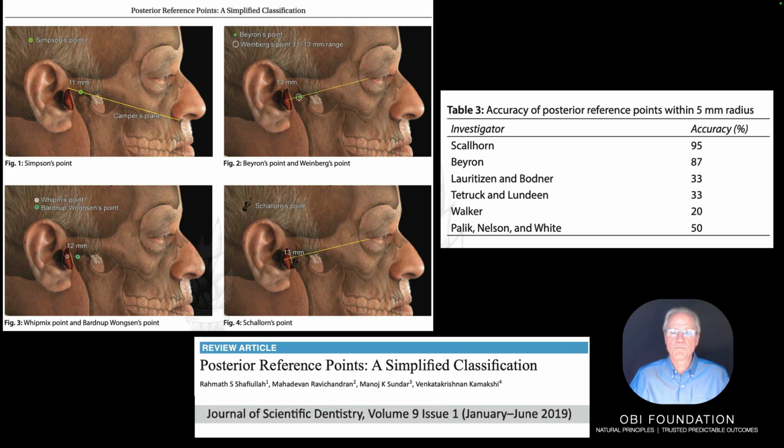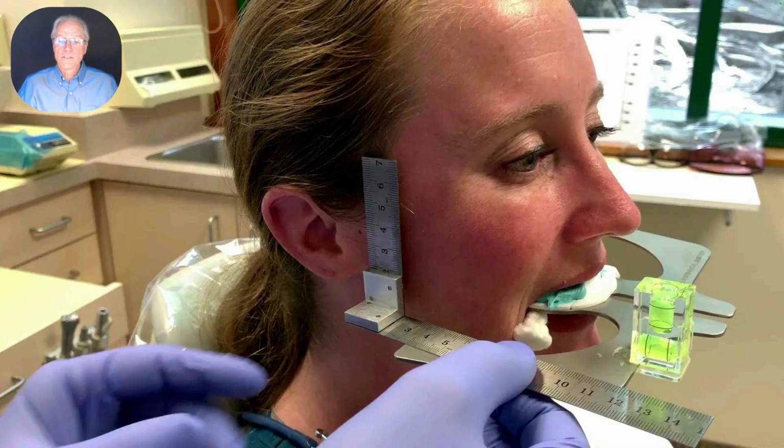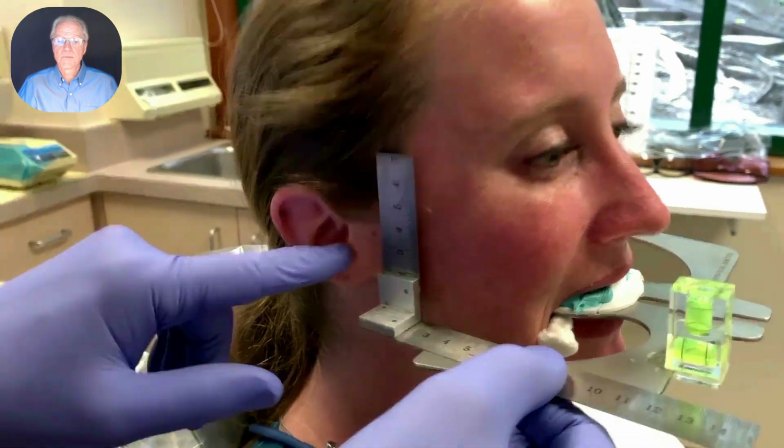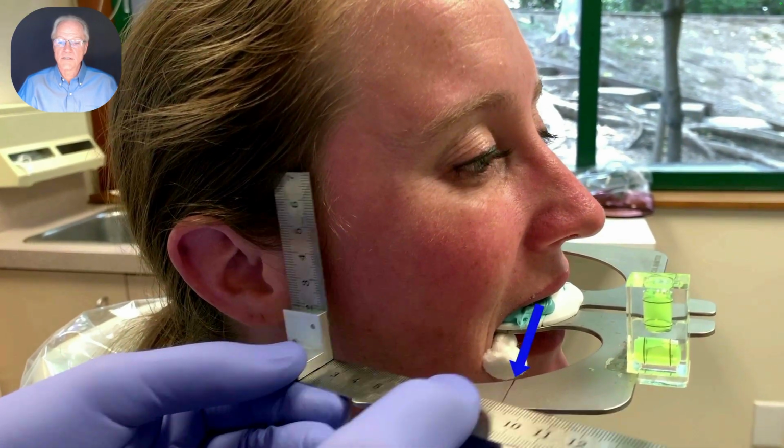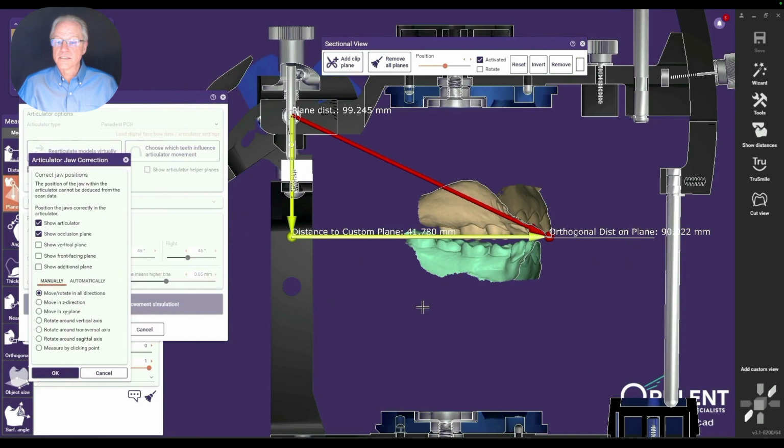Most of the ear bows are based on some of these measurements, the estimated hinge axis measurement, but you can also mark these landmarks on the surface of the skin. And if you do that, what you'll be able to do is, with taking your Coyce facial analyzer, and instead of just using that only, you can actually mark the estimated hinge axis and then measure down and out to the incisal edge.